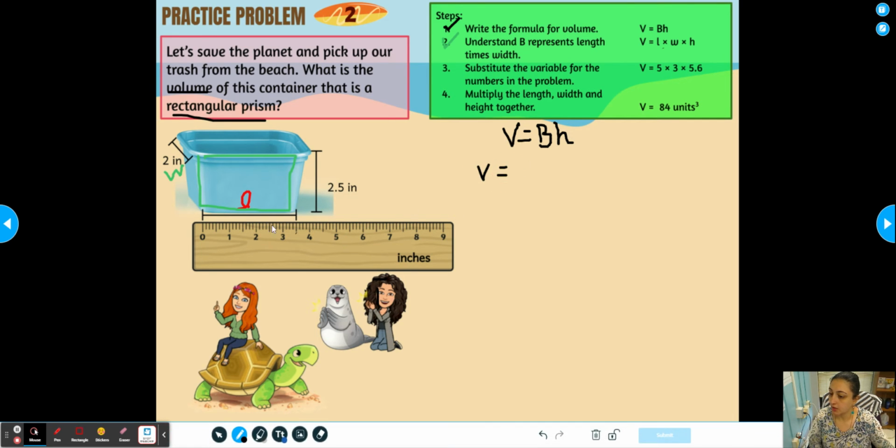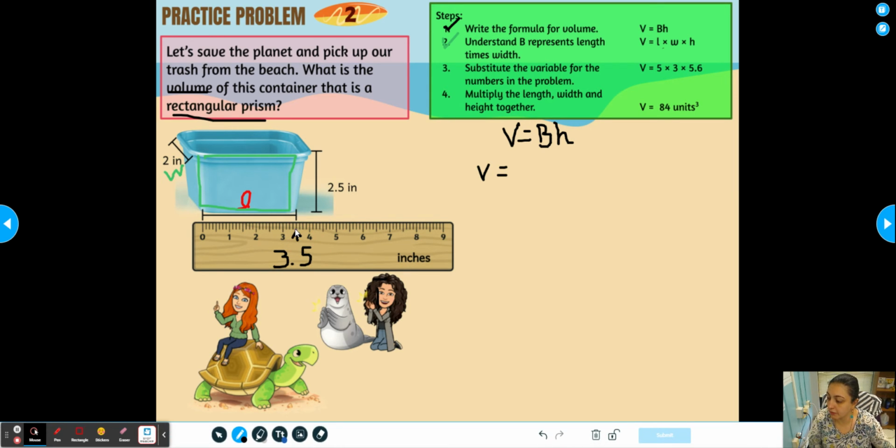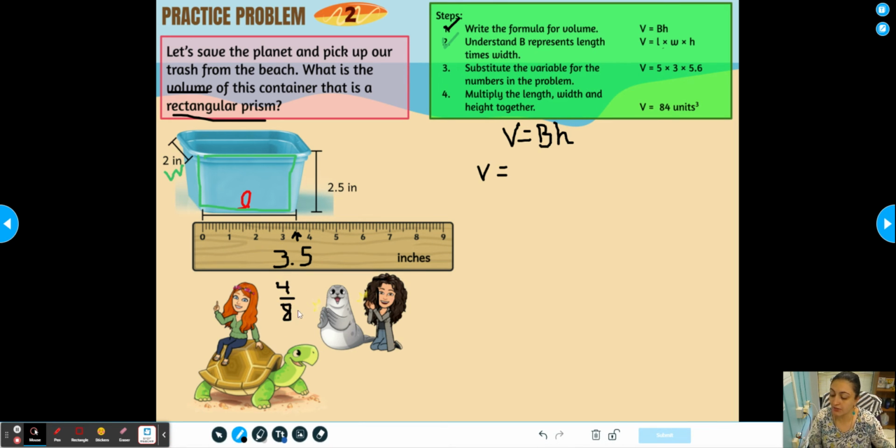So big B, which is length times width, we're looking at length, and that's right over here. It comes to about 3.5. I know this because it's on the fourth tick mark, and there's a total of 8 between 3 and 4. And if I look at 4/8, I know that that's 1/2.